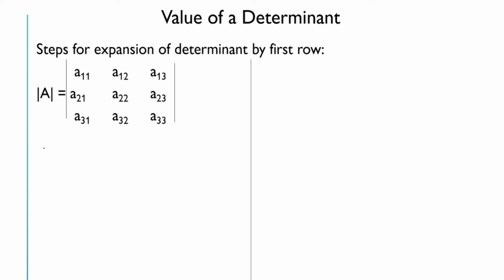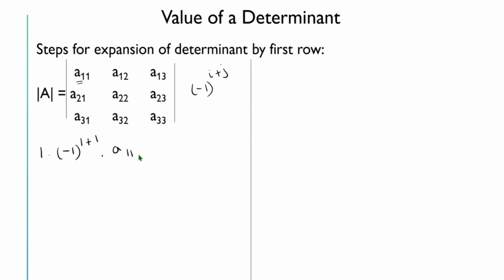The first step is we have to take minus 1 raised to i plus j. Here i represents the row of the element and j represents the column of the element. If we take A11, it is in the first row and the first column. So minus 1 raised to 1 plus 1 into A11.